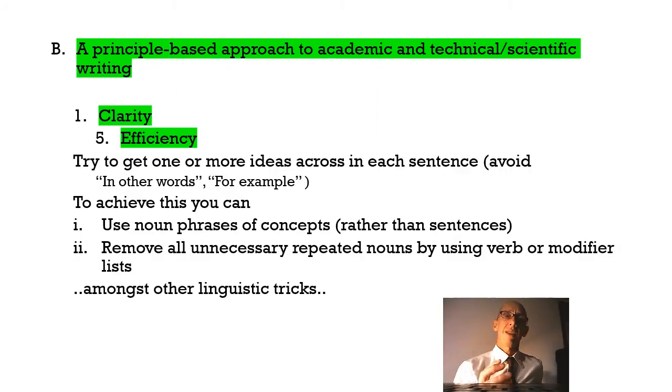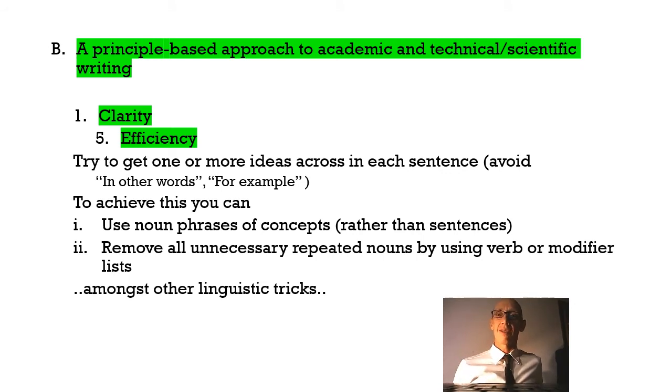The next thing is 5, the next aspect of clarity, is efficiency. Now, I've talked a lot in this video, not particularly efficient, but I'm trying to introduce a whole new way of looking at academic writing, so give me a break, hey? So, what is efficiency? Efficiency is trying to get your idea across as efficiently as possible, as much of your idea and information as you can.